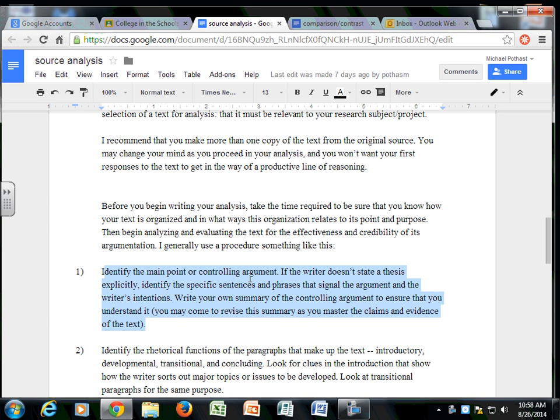Obviously, if it lines up with how you feel, then you know that you're going to be finding information that will be of assistance to proving your point. If it's contradictory to what you think, that's not such a bad thing, because now you get to see what the other side is. So what exactly is the writer's thesis? I put here to write your own summary of that argument, to put it into words, but again, not required.